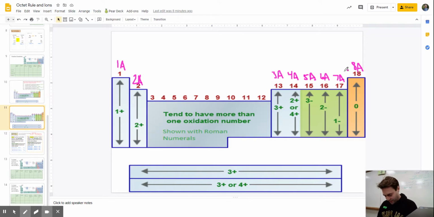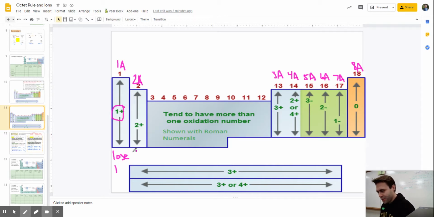All right? So the atoms in group 1A want to lose one electron, and they'll become a 1 plus.